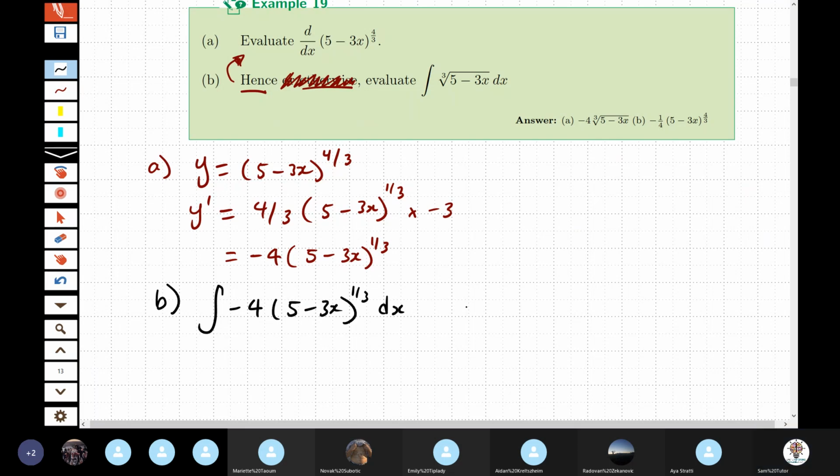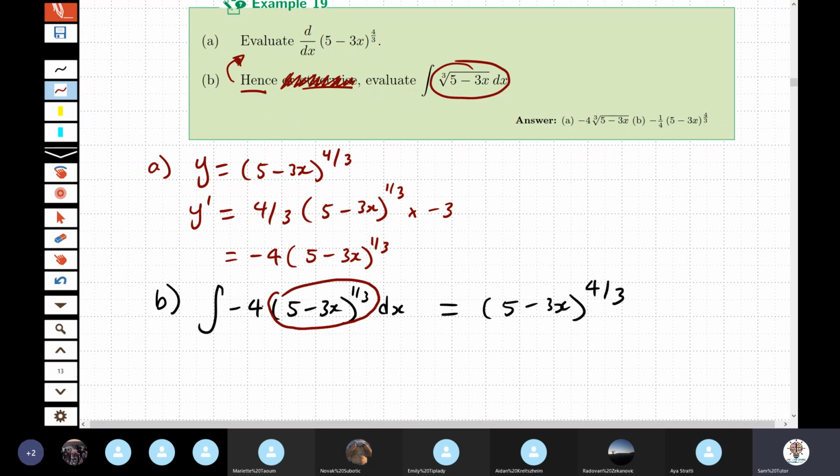What does the integral of this become? 5 minus 3x to the power of 4/3. Specifically, the integral of this will go back to the original case again. Now you stop and you go, okay, what do I need? I needed just the third, just this bit here. I don't need this -4. So what are you going to do with the -4?